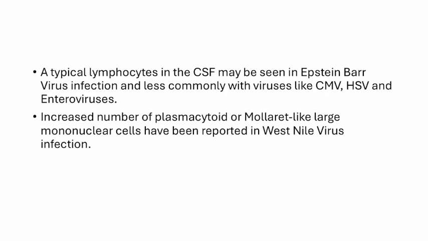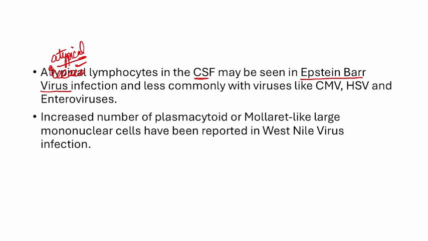Now here are a few specific findings of the CSF which are seen in certain conditions, like Epstein-Barr virus. We see atypical lymphocytes in the CSF. It is a misprint in here. Atypical lymphocytes means multinucleated, bizarre nuclei.